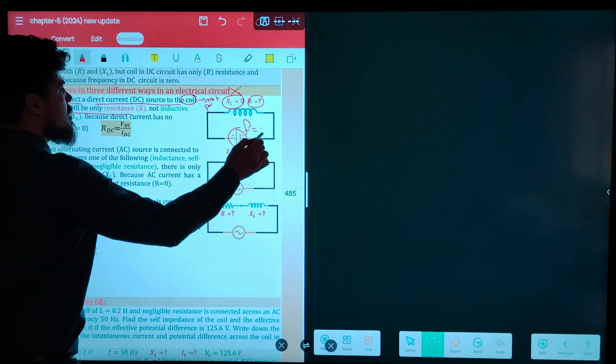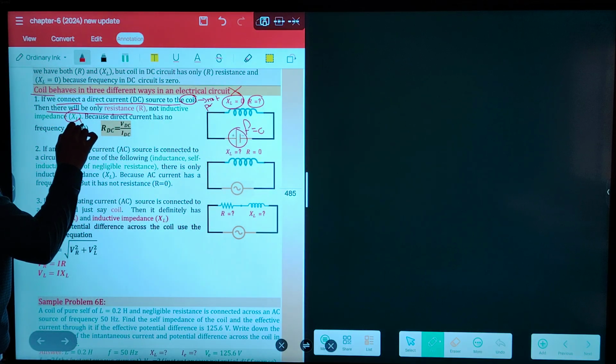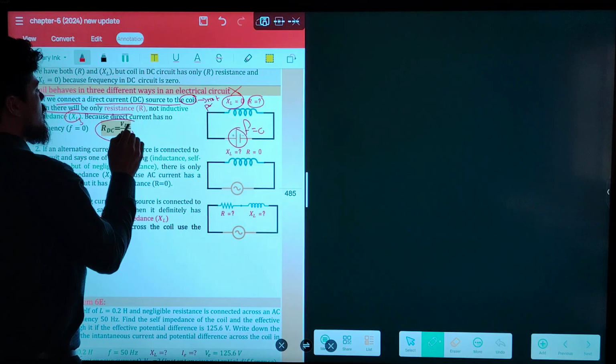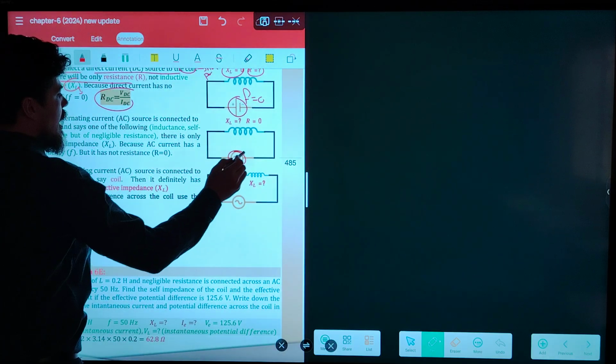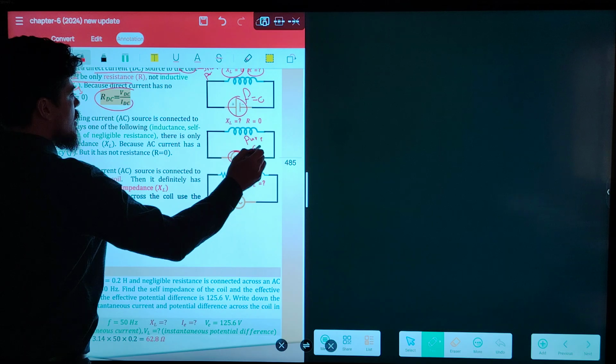Why? Because frequency in DC is 0. XL is 0 and the resistance of the coil is equal to what? VDC over IDC. But if we have AC and the coil is pure, this is a pure coil.